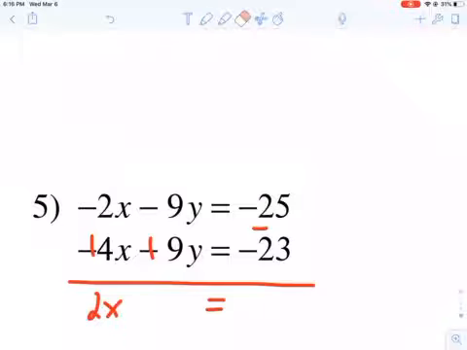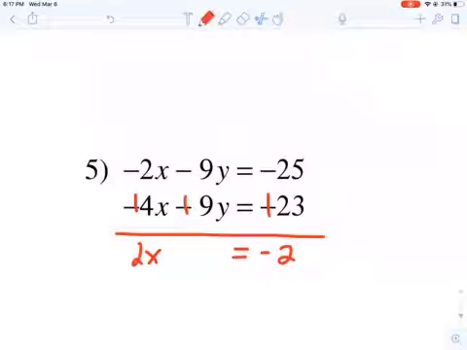Love it. Same here, I got the same thing. Negative 25 minus negative 23. Now, wait a second. Two negatives. Got positive. Now I just have negative 25 plus 23. Gives me negative 2. Divide each side by 2. And I get x equals negative 1.